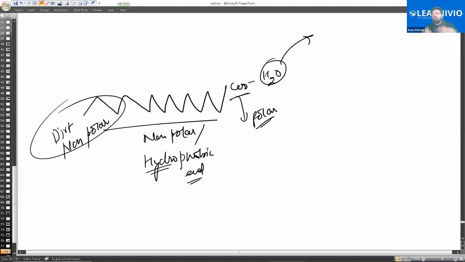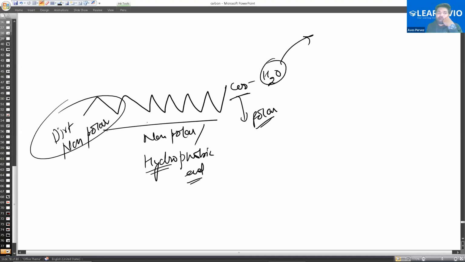Then we remove it. So the polar end gets attached with the water, and the non-polar end gets attached with the dirt. This is the way that we do it. Got it?